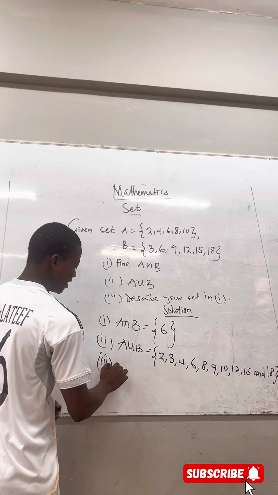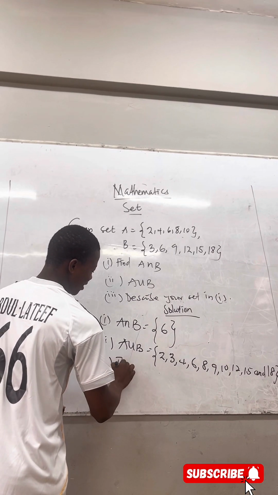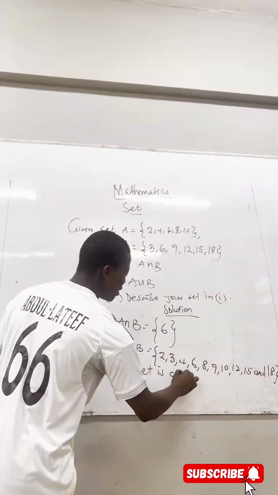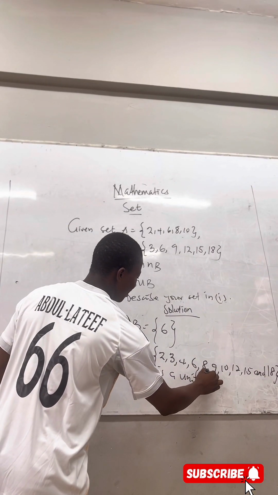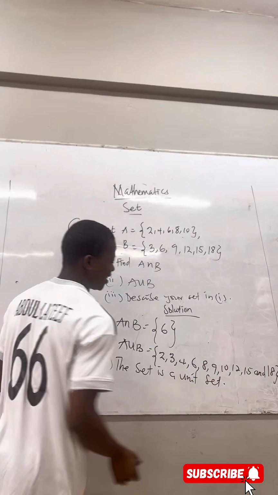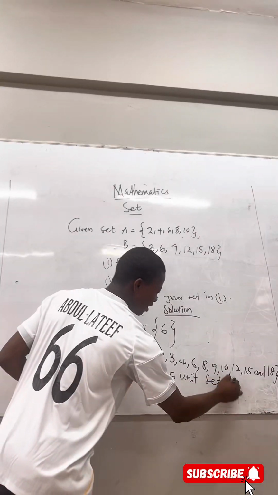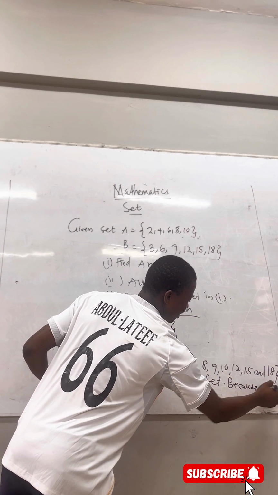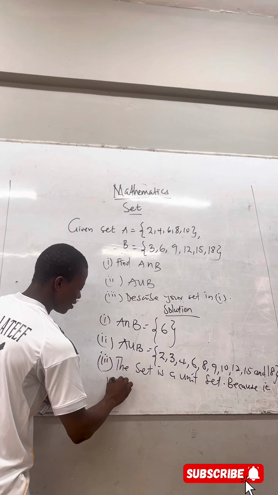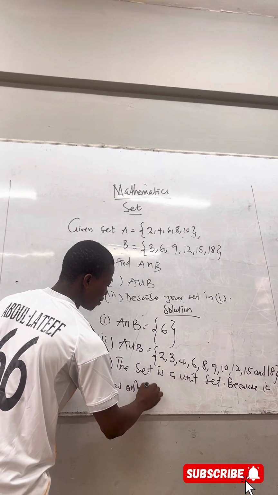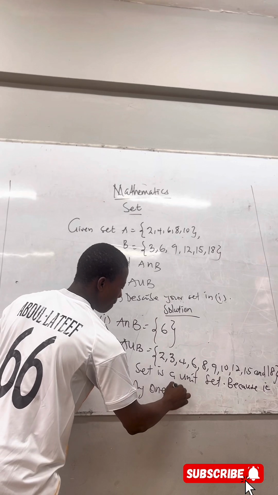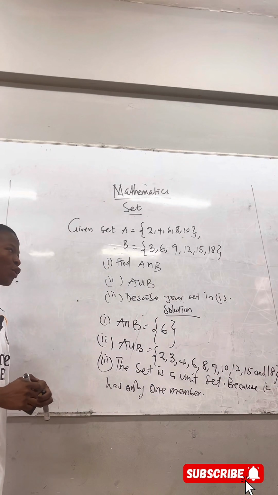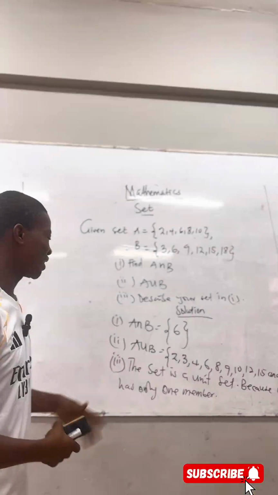So we say that the set is a unit set because it has only one member. Full stop. You have described your set.